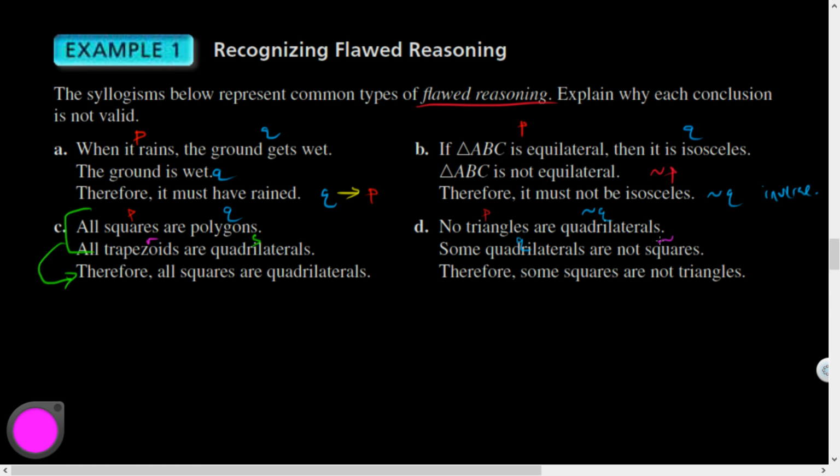So some Qs are not squares. Therefore, some squares are not triangles. Yeah, this is just all over the place. And there might be some true statements here, but I never have a conclusion matching up to a hypothesis of the other statement. Wow, that is interesting.